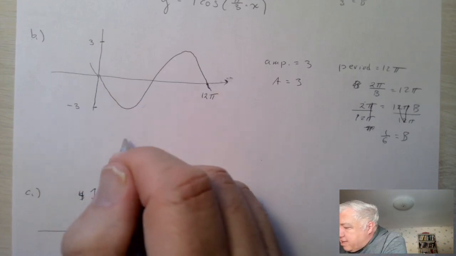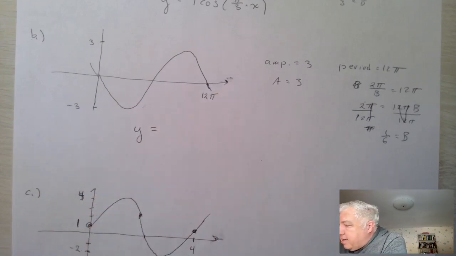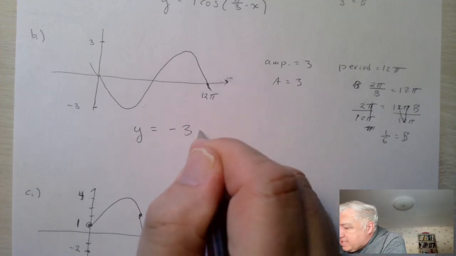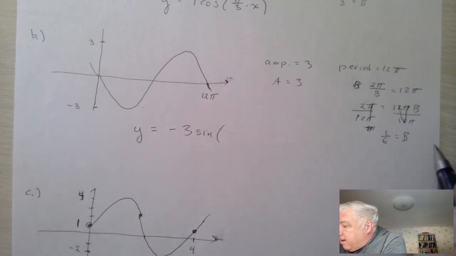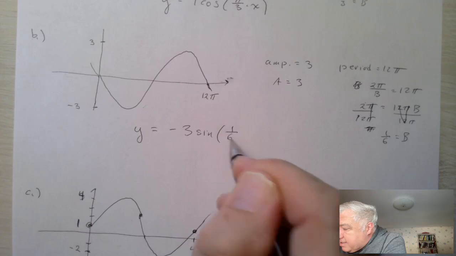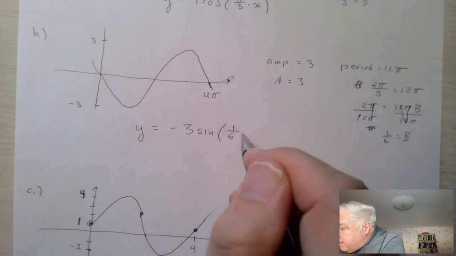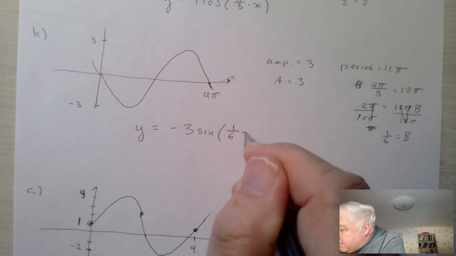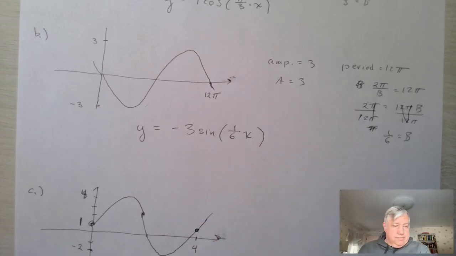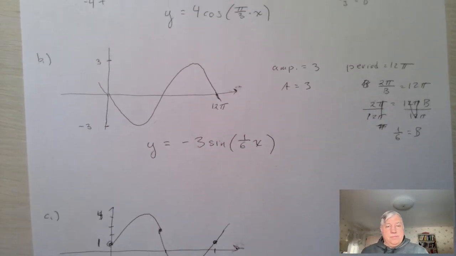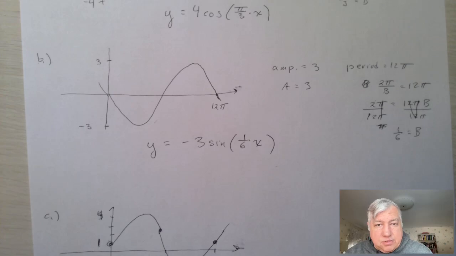Okay, so we'll just say that y in this case is going to be -3 sine of 1/6 x. And you can check that works out.